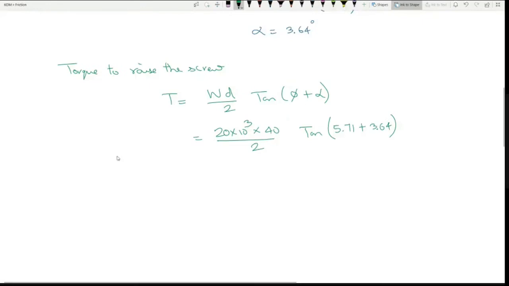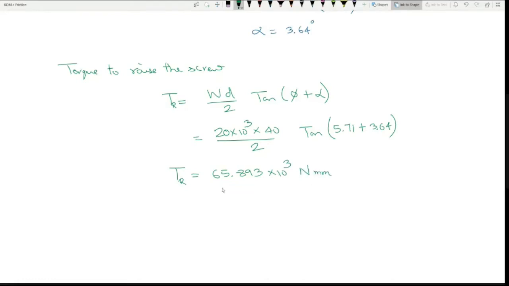So what is your T? It is 65.893 into 10 power 3 Newton mm. Okay, very good.